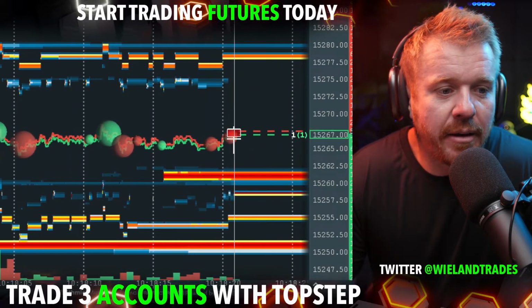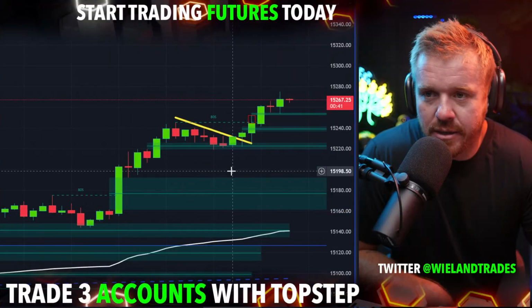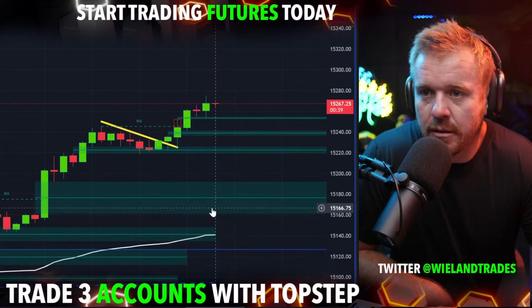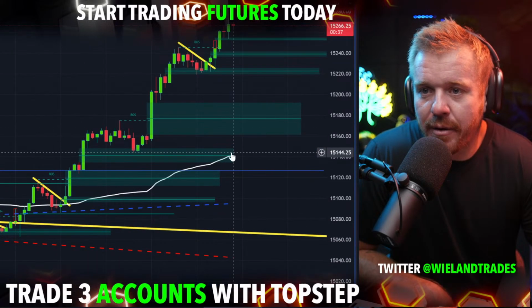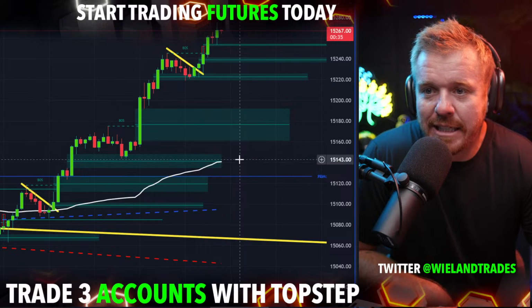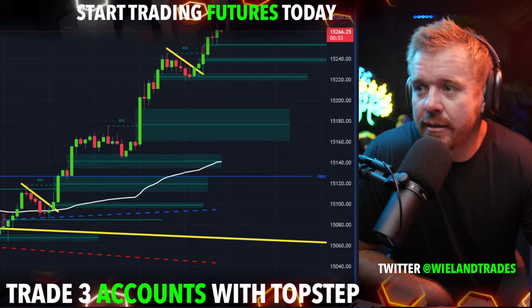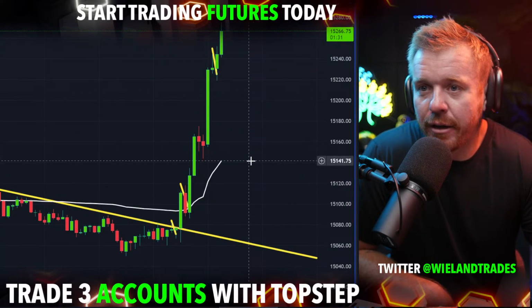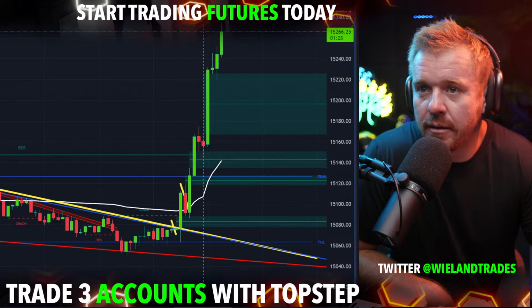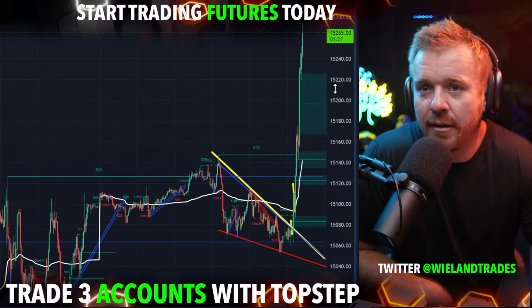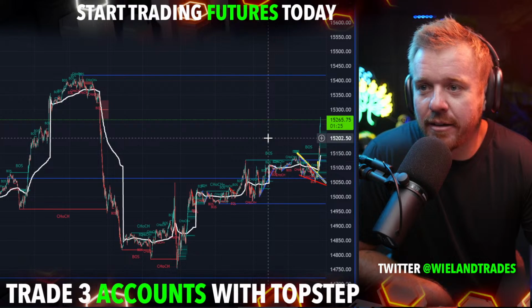I just, yeah, it sucks when it gets this far overextended. It's about a 100-point move back to the VWAP there. Look at the 5 minute chart right now. I don't know, it's a little scary looking.